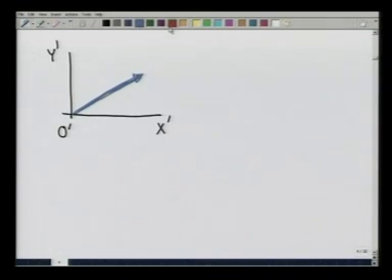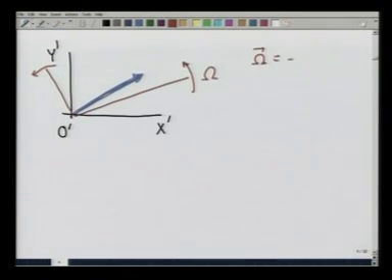And look at this vector from a frame which is rotating in this direction with angular velocity omega. Obviously, in the vector form, omega vector is omega k, because direction is going to be in the z direction.